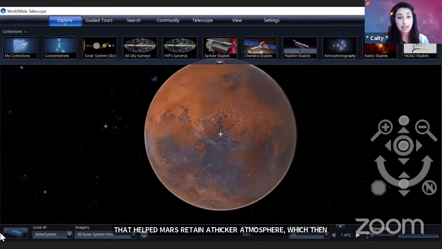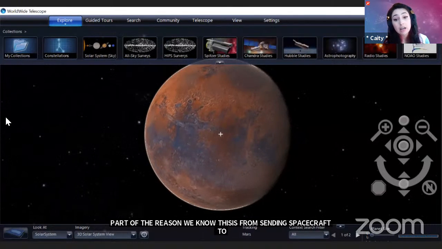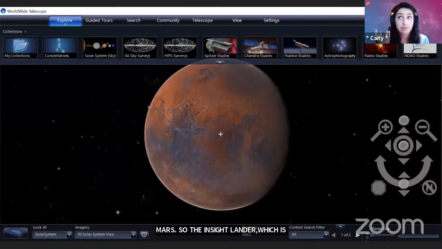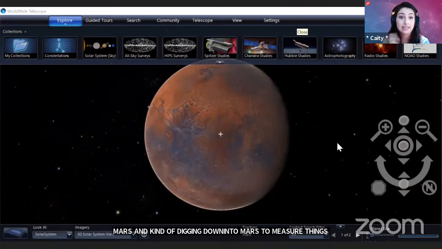So the InSight lander, which was a relatively recent one that landed on Mars, is studying the composition of Mars and digging down into Mars to measure things like, is there any kind of magnetism happening on Mars? And it turns out there is, but it's not a dynamo like the Earth or Mercury.